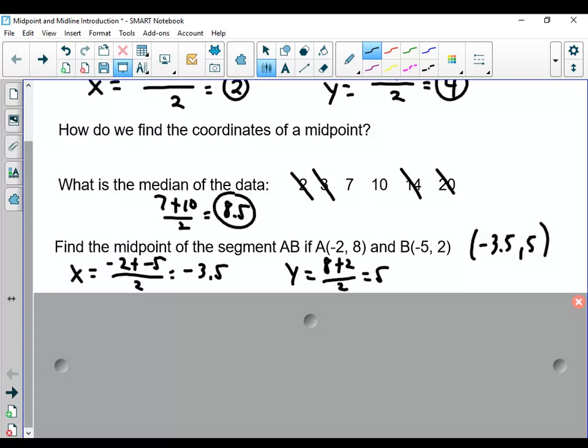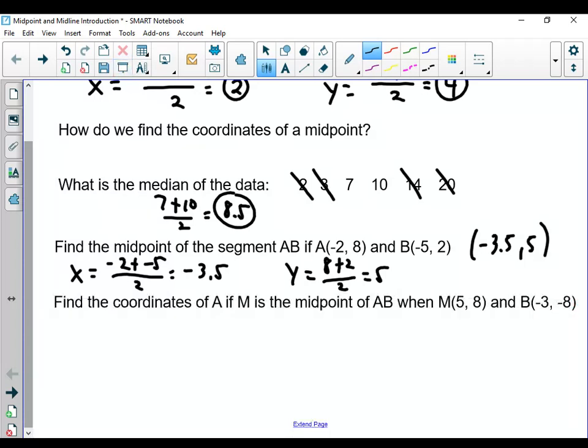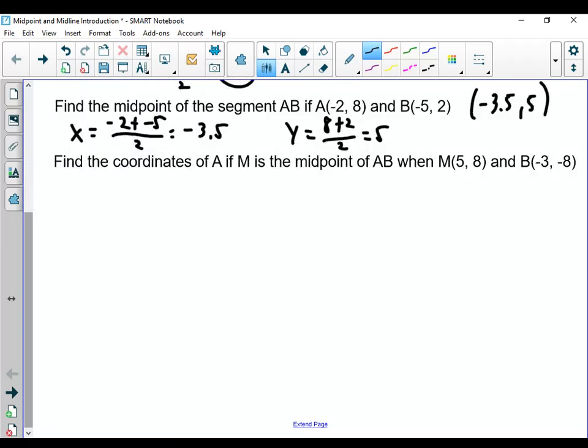Sometimes where it gets maybe a little bit trickier, a little bit confusing, might be a problem like this, where they want us to find the coordinates of A. They say that the midpoint is M, and they actually give me the midpoint this time. And then they give me the coordinates of B. So kind of picturing what they're saying, you've got this segment AB.